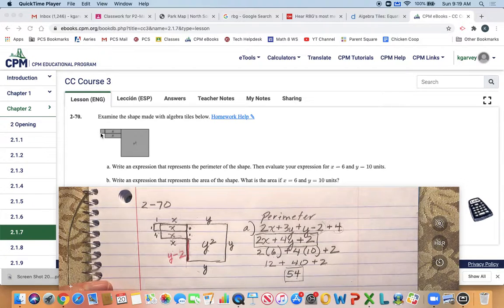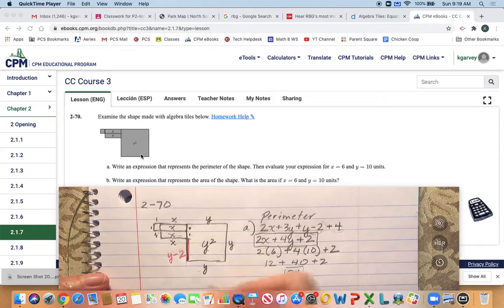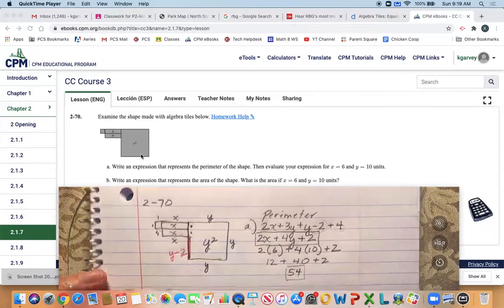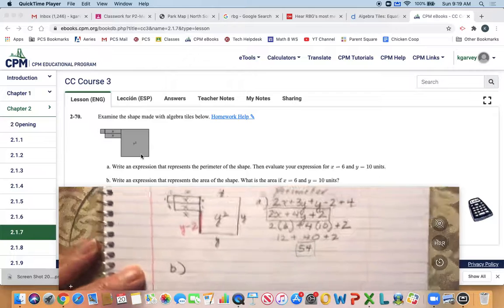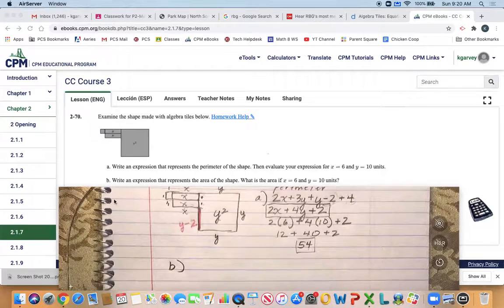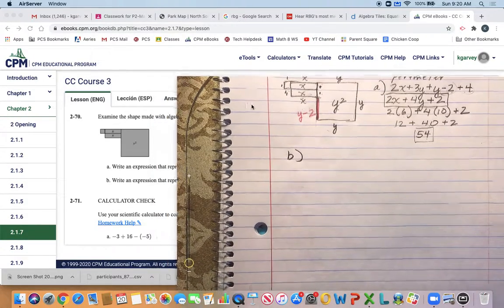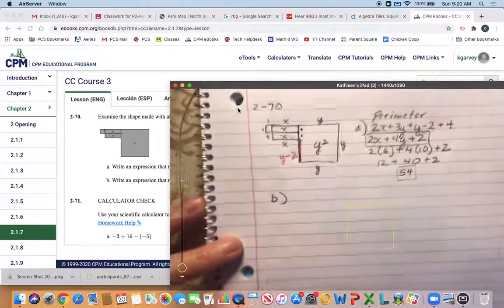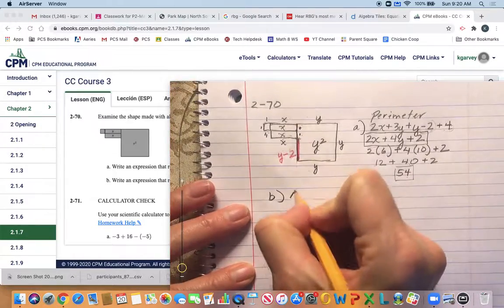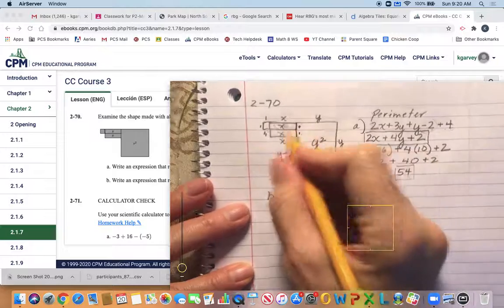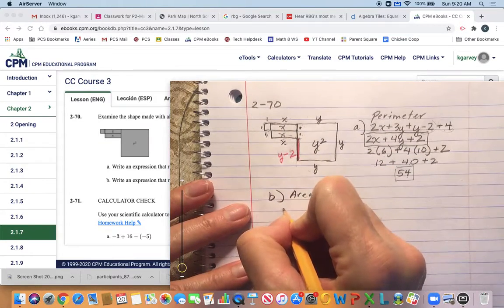All right, so this is a little bit easier than finding the perimeter because the names of the tiles are the area of the tiles. So this time when I write the area, I'm just going to take the value of the tiles the way we've named them.